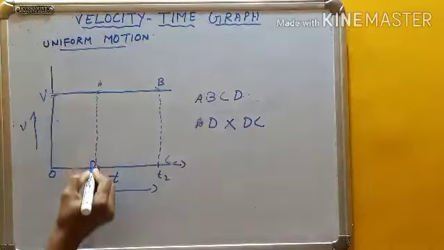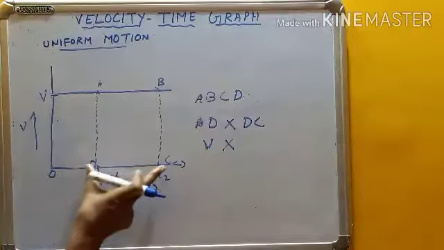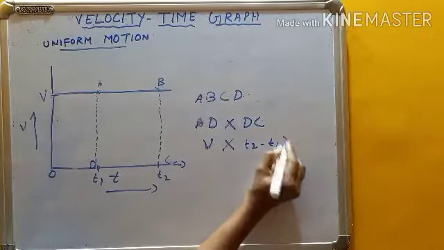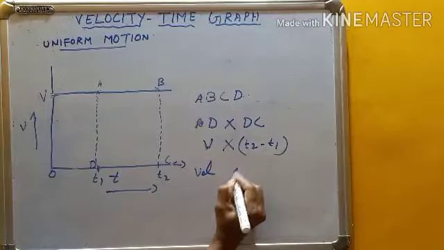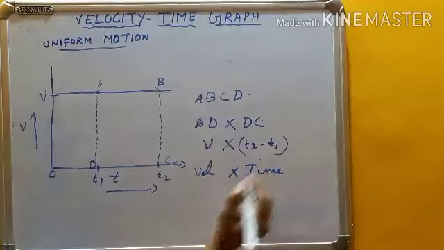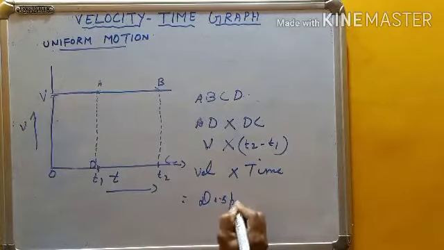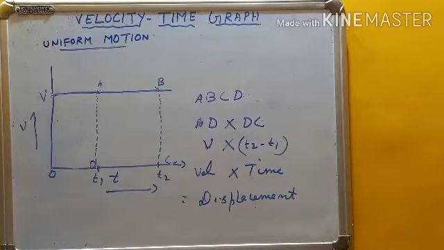So AD is V meter per second, into DC, which is the time interval T2 minus T1. So V into T2 minus T1 means velocity into time. And what is velocity into time? We know the formula: velocity is equal to displacement divided by time, or displacement is equal to velocity into time.